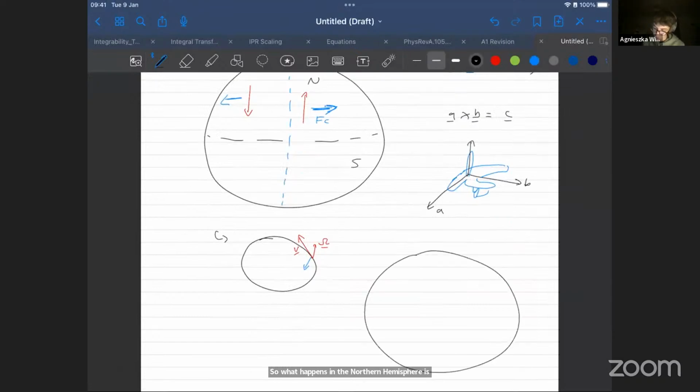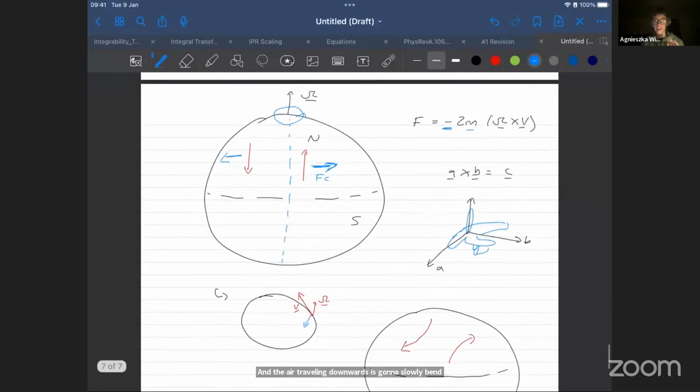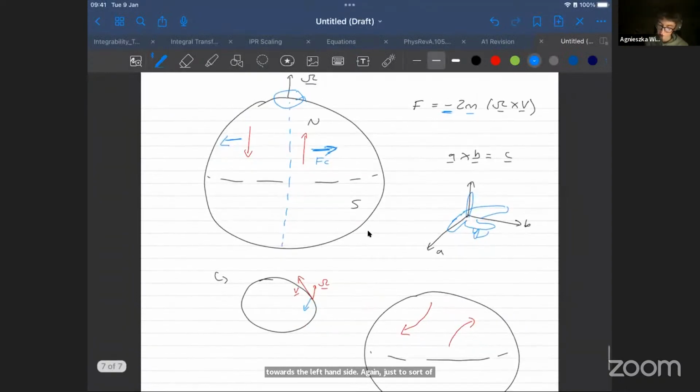I'm going to have some sort of air traveling upwards, and as it travels upwards, it's going to slowly bend towards the right hand side, and the air traveling downwards is going to slowly bend towards the left hand side. Again, just to review what I've said in the simplest terms I could put it, I have this Coriolis force. Take it for granted that here it acts in this direction and here it acts in the left direction.